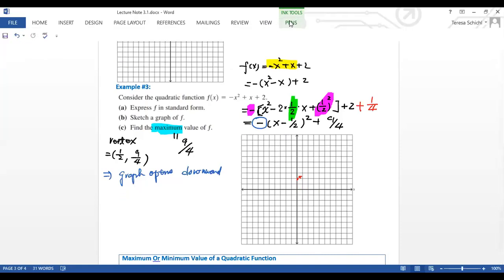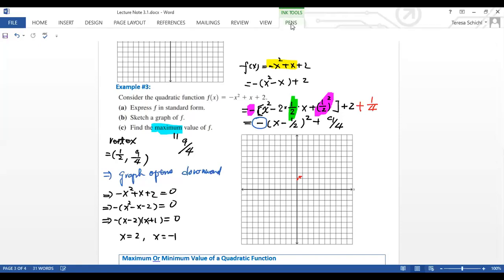X-intercept is y equal to 0. That means negative x squared plus x plus 2 equal to 0. That means I can do x squared minus x minus 2 equal to 0. Then I can do x minus 2, x plus 1 equal to 0. I got it. So x equal to 2, x equal to negative 1. Okay, so now x-intercept is 2, so it's going down here, negative 1 is here, so you connect here.